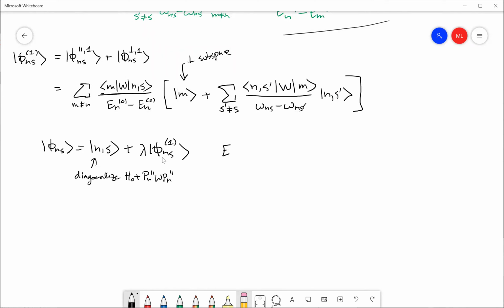And what about the energies? The energies are, of course, the unperturbed guys plus lambda times the matrix elements, the eigenvalues of W there.